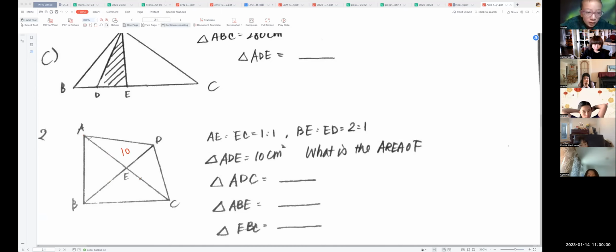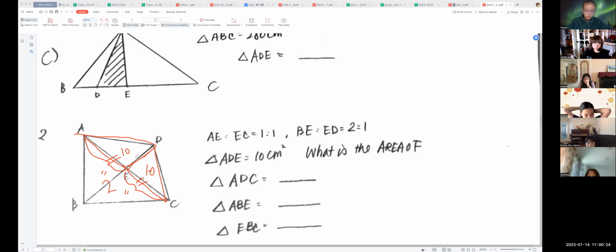If we focus on this one and these two triangles, are they the same or not? Because AE equals EC, they're equal to each other. So if this is 10, this one's also 10. Very good. We know BDE equals 10.